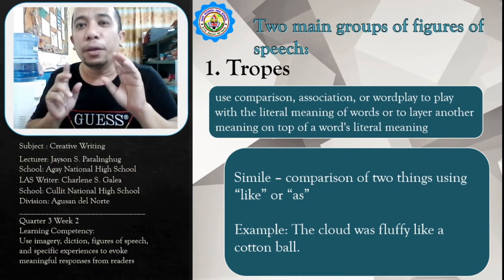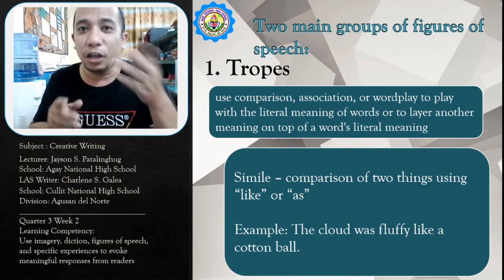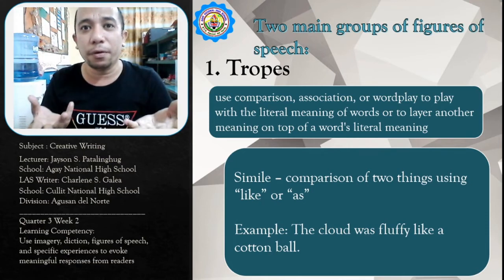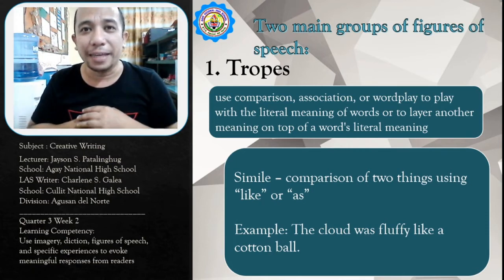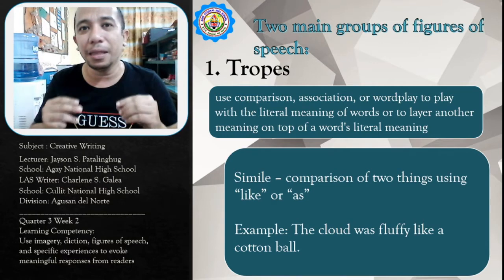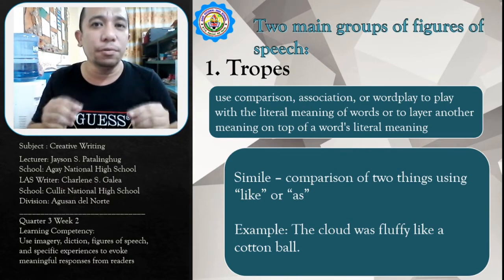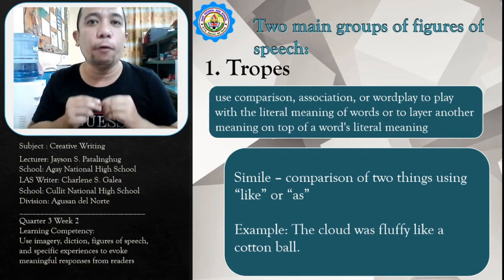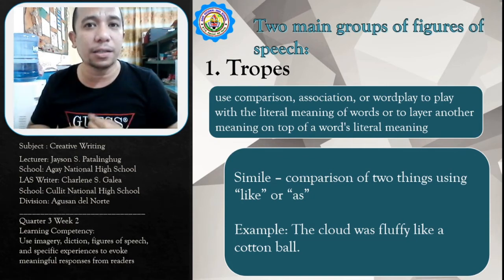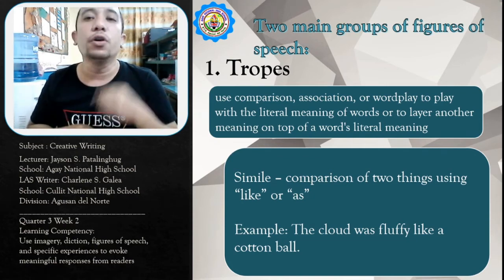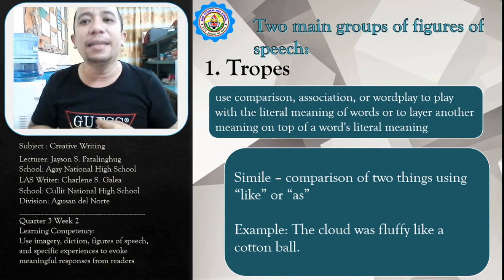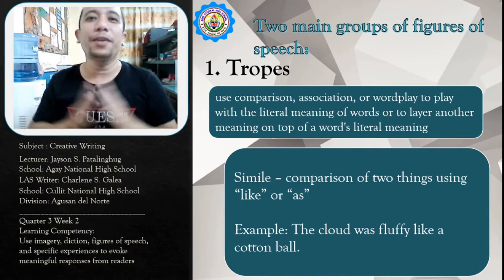And the similarity between you and the flower is that both of you are beautiful. Okay, that's how we use simile in a sentence. Again, I would like to repeat, we use simile in a sentence if we are comparing two objects with the use of as and like. I hope you understand that.